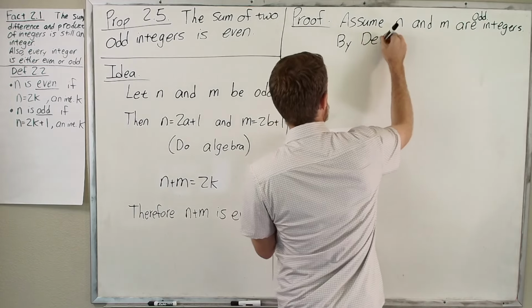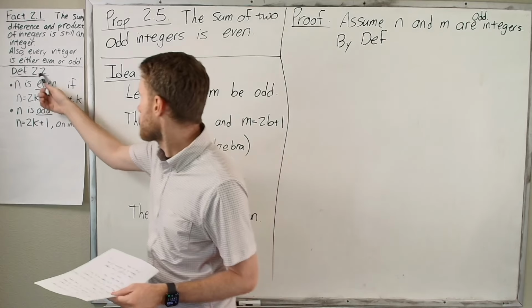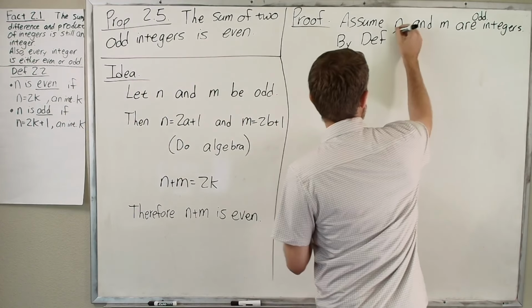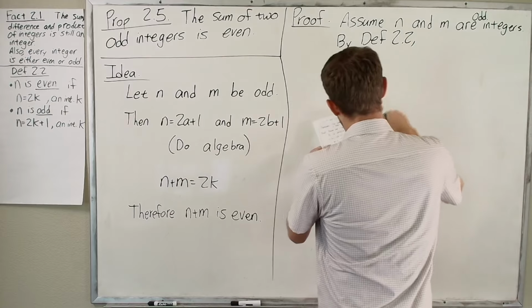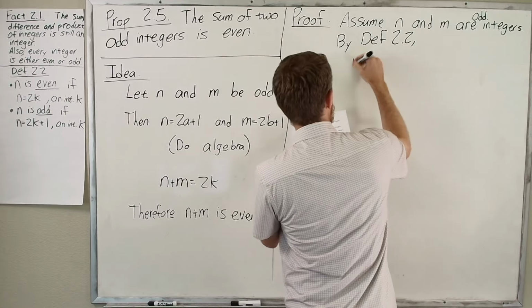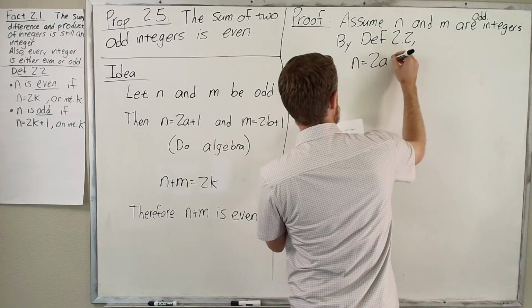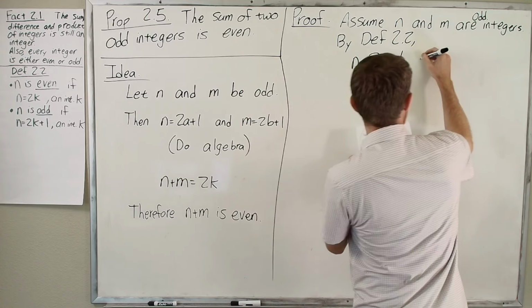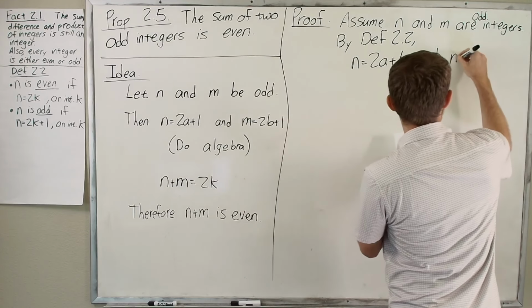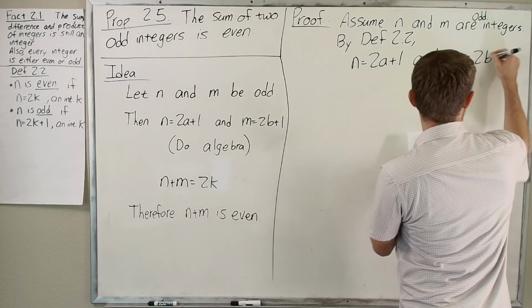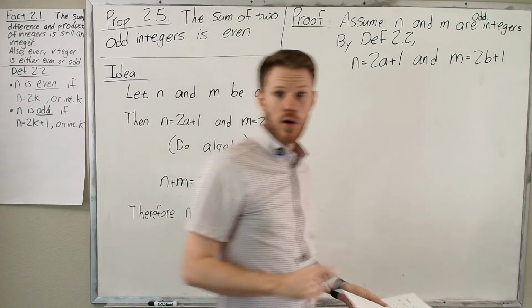So by the definition of an odd integer, definition 2.2, we can say that n is twice some integer, I'll call it a, plus 1, and m is twice an integer, which I'll call b, plus 1.